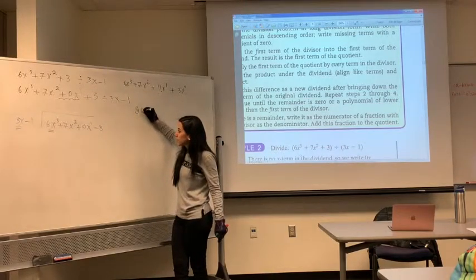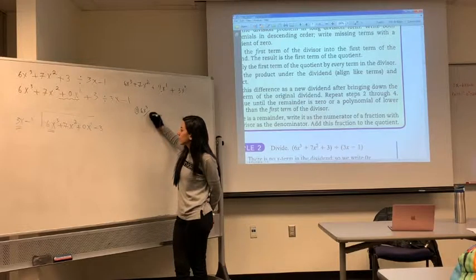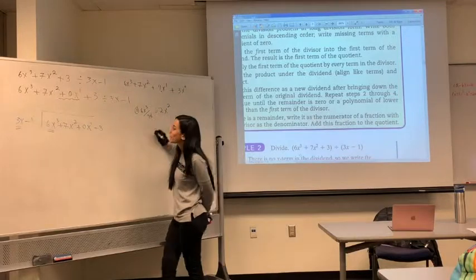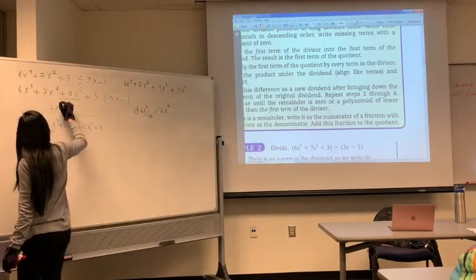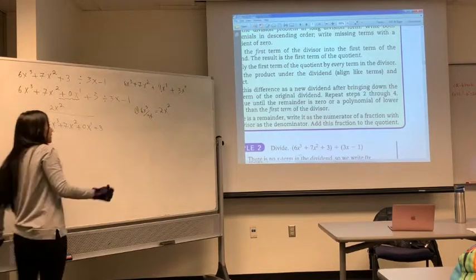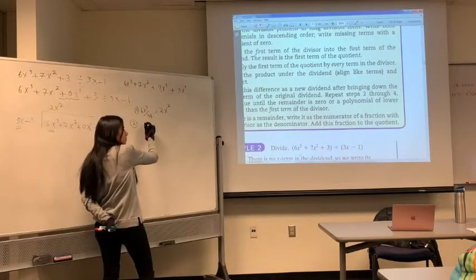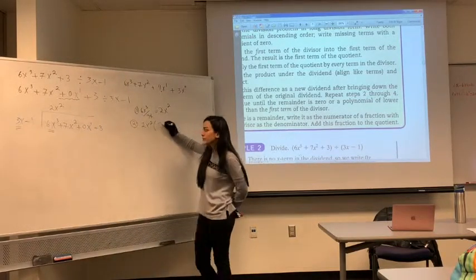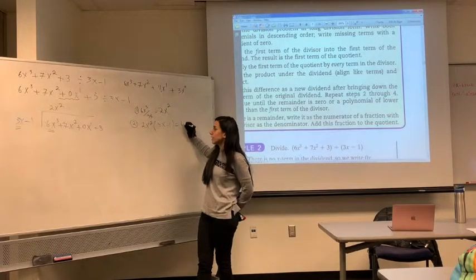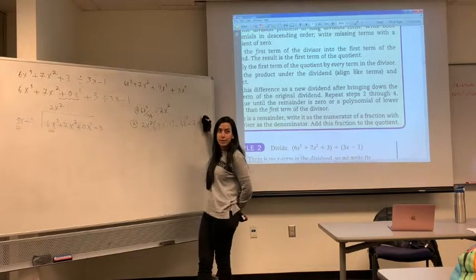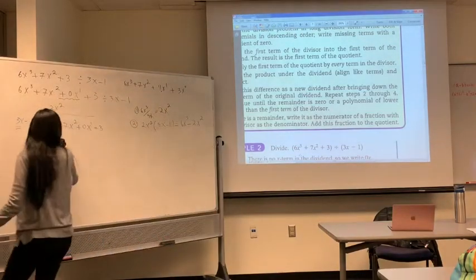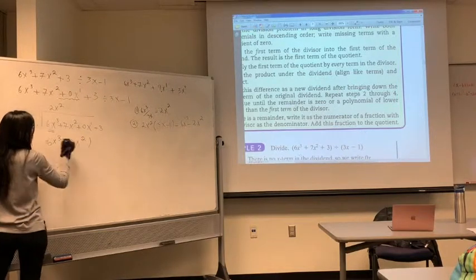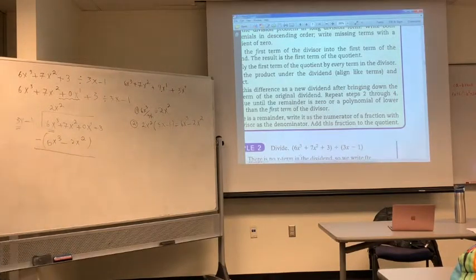So the first step, 6x power 3 divided by 3x is equal to 2x power 2, correct? Then the next step, 2x power 2 multiplied by 3x minus 1. So we have 6x power 3 minus 2x power 2. Write it down here. And then you are going to subtract.